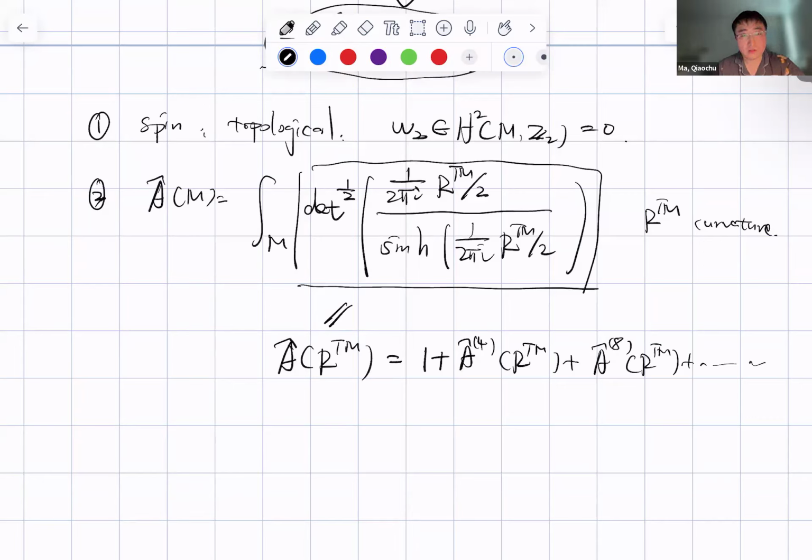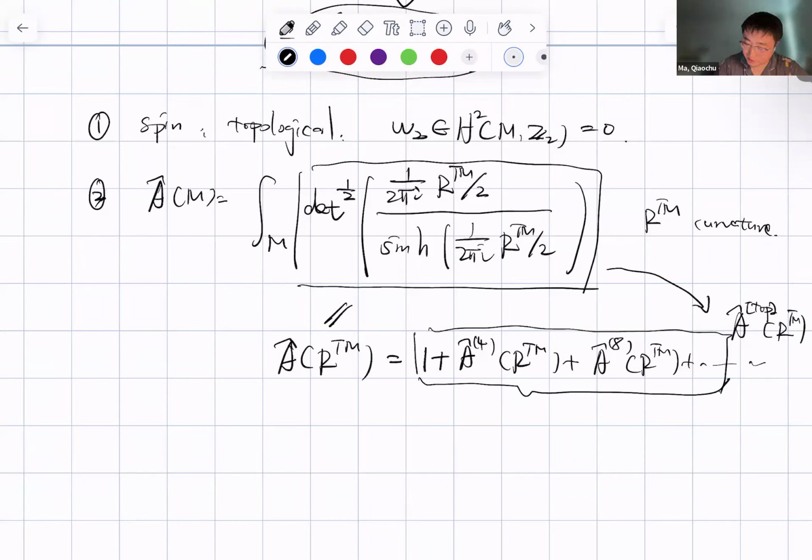So in this integration, we only use the top part, where top is just the order equal to the dimension of this manifold. And this remark, we shall use later, the lower degree part.